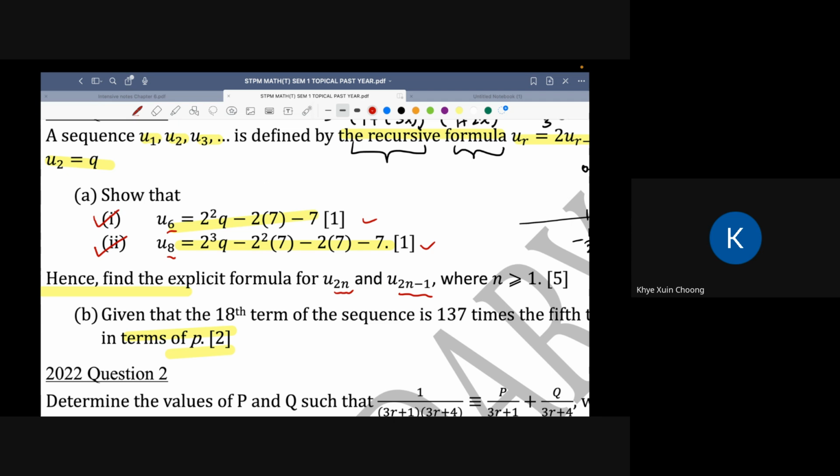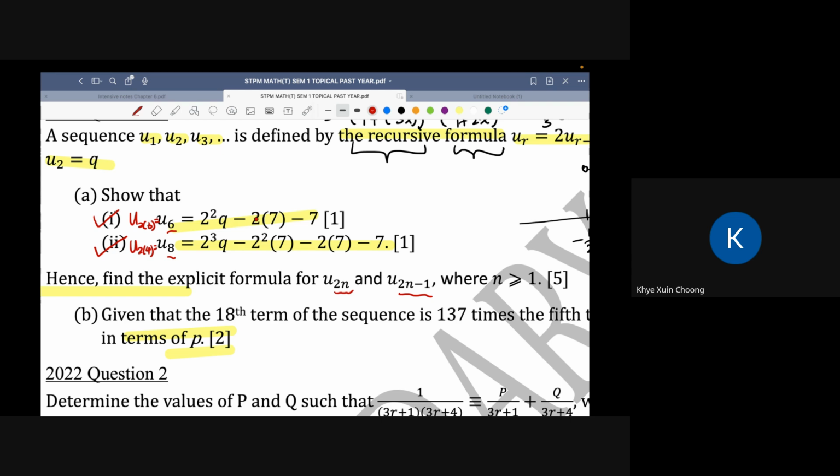So let me explain this question. If you want to find the explicit formula, you need to recognize the pattern. So this one is actually u2 times 3. This one is u2 times 4.